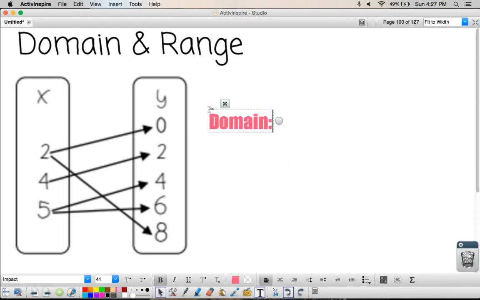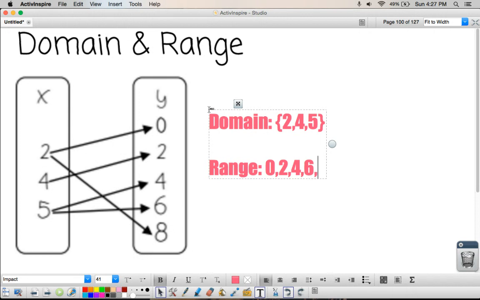My domain, remember, is all my input values. So I have 2, 4, 4, and 5. My range is 0, 2, 4, 6, 8. I make sure I put my brackets because it's not just these numbers. This is a data set.